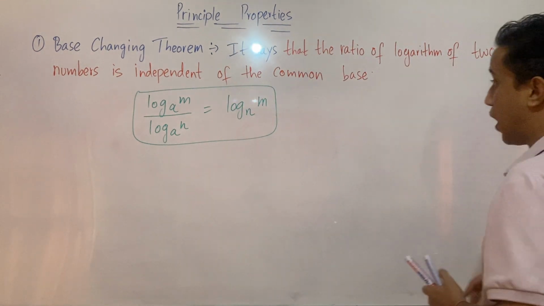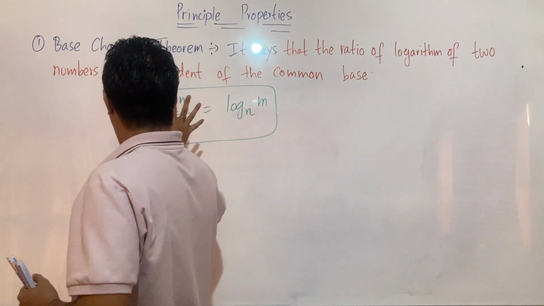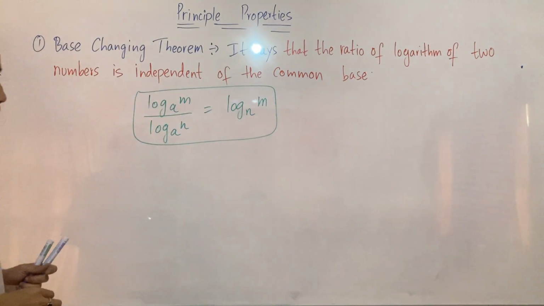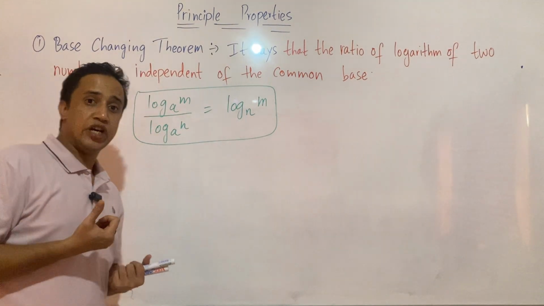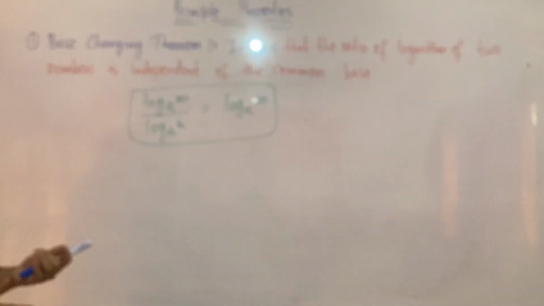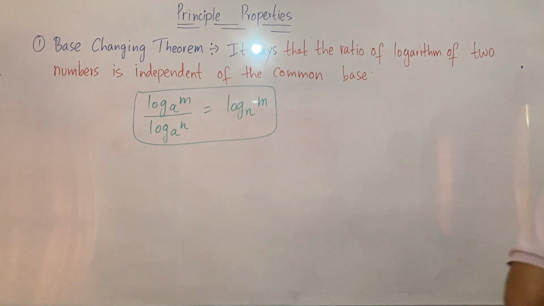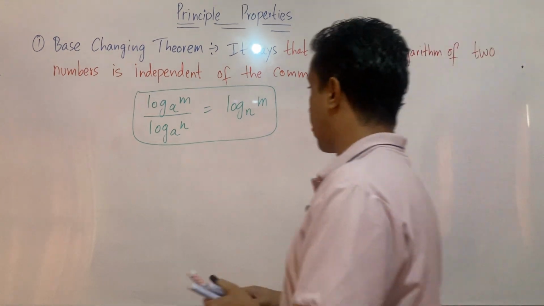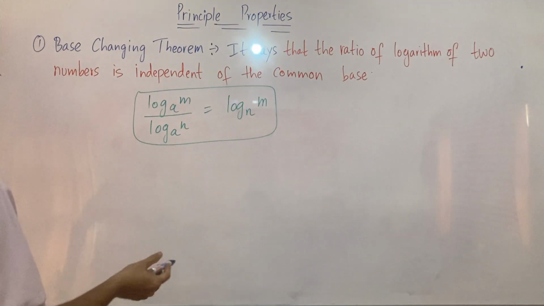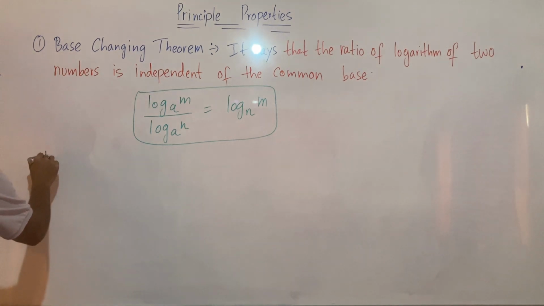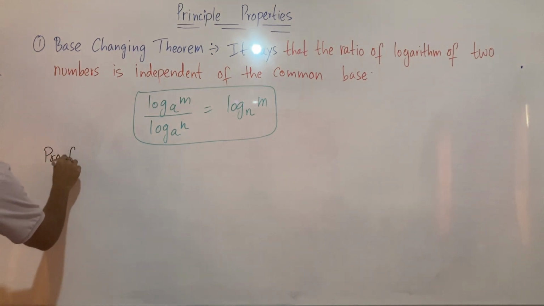Now this is the property. Now we have to show the proof, to see whether this property holds true or not. So we have to work on the proof part. Let's start with the proof.